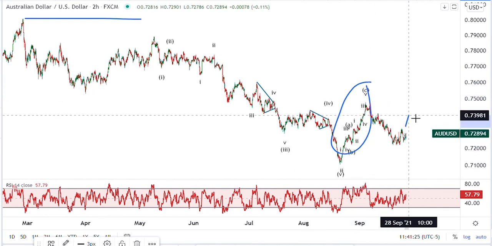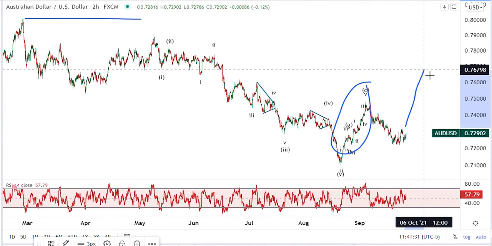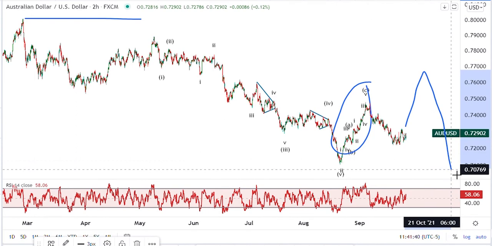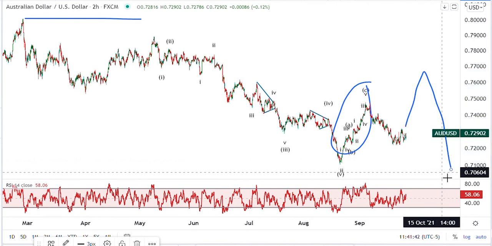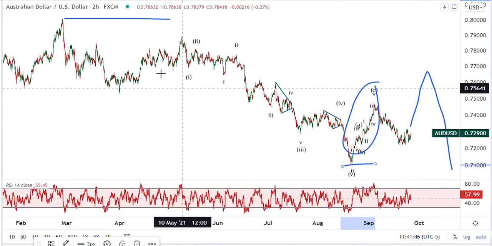So I suspect we're probably going to get something that moves up in here, up into the 76, 77, maybe even the 78 range. So around here, let's just call it 77 cents. And then from there, I think we may get another move lower that retests this low and possibly comes in to lower levels.